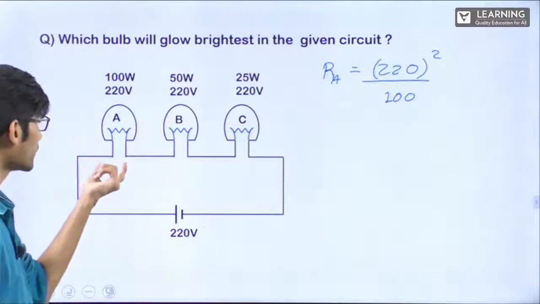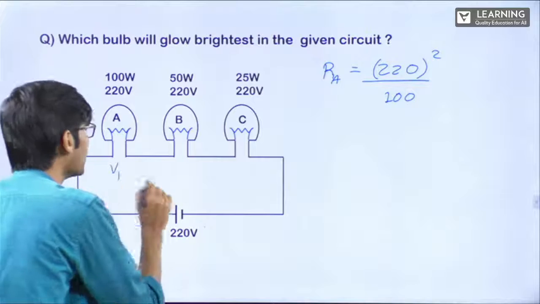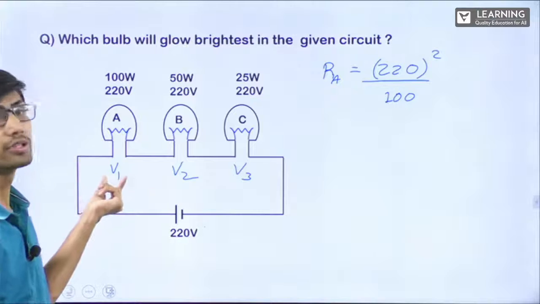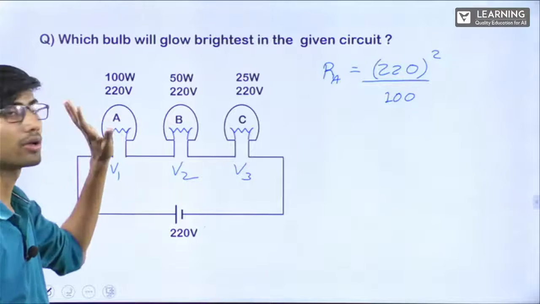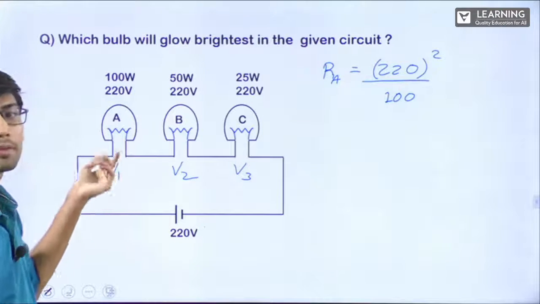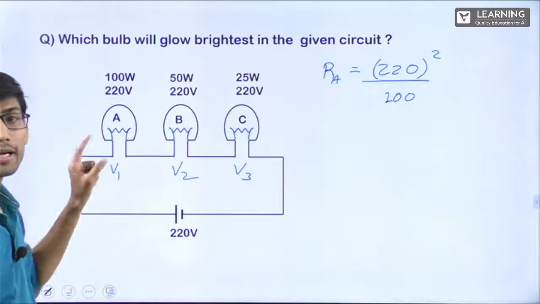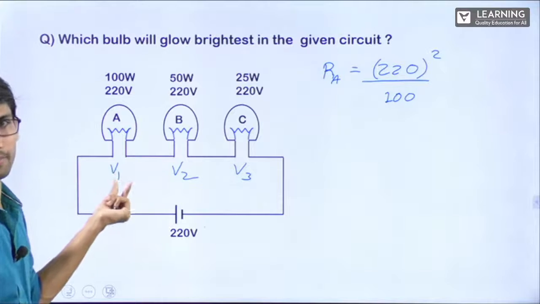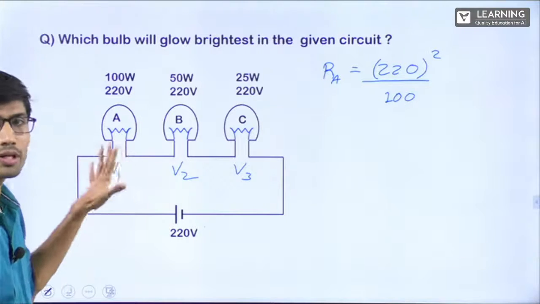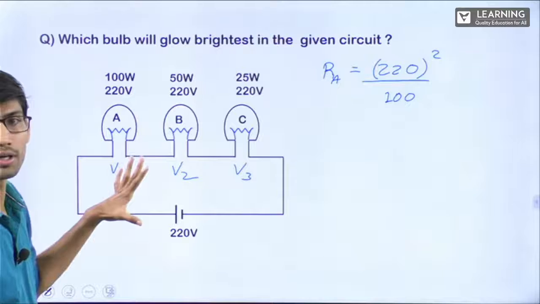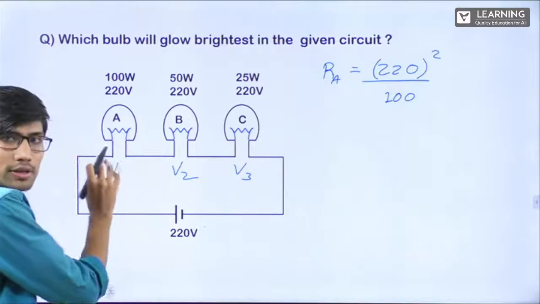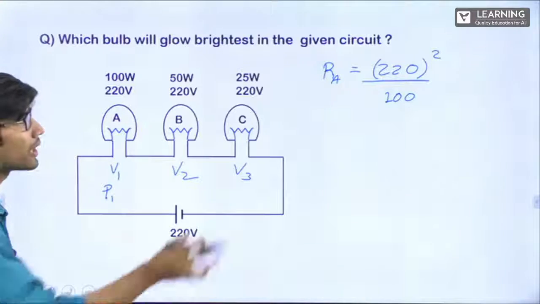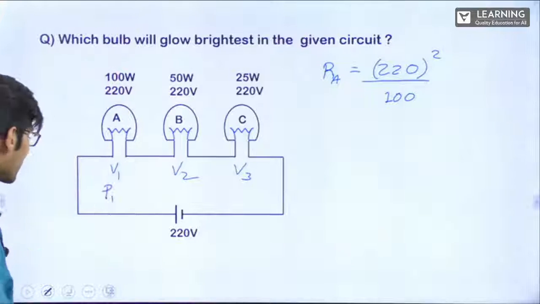So don't worry how much voltage it will get, since this will be V1, this will be V2, this will be V3. Don't think I'll do V1 square by this power. No. If you are doing V1 square by power, then that power should be when this V1 is supplied, right? Then also you'll get the same resistance, because resistance is constant. Because if V1 is the potential drop, then the power you'll get will be P1, some other power. It will be according to that only. Fine.